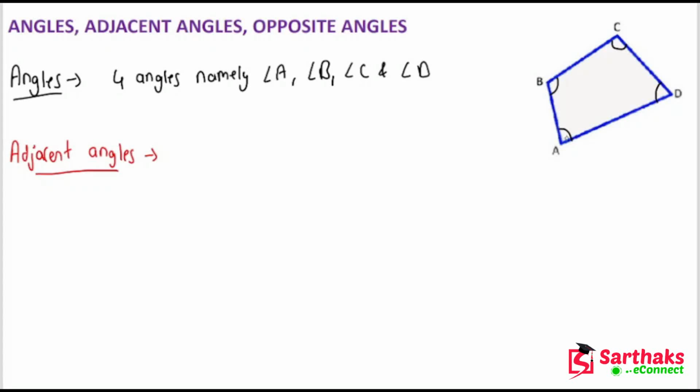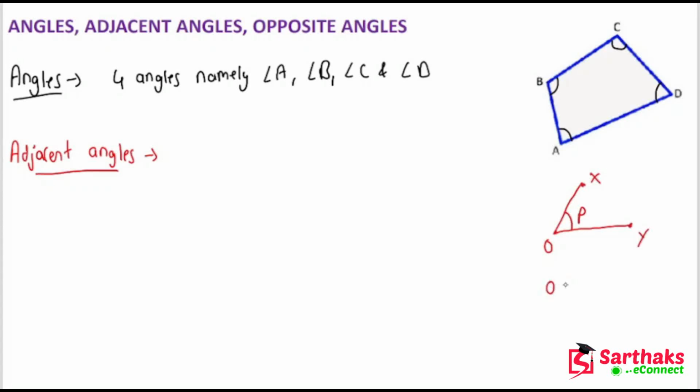Okay, what are arms? If this is an angle, let's suppose it is angle P, then let me call this side OX, and this side OY.